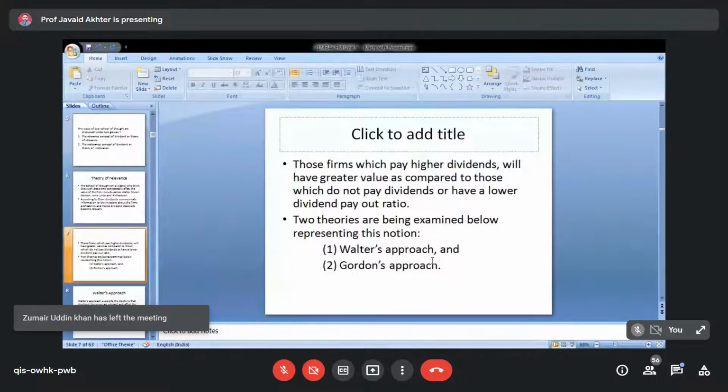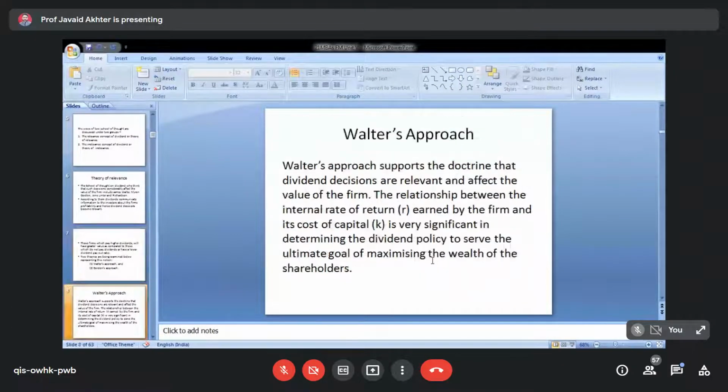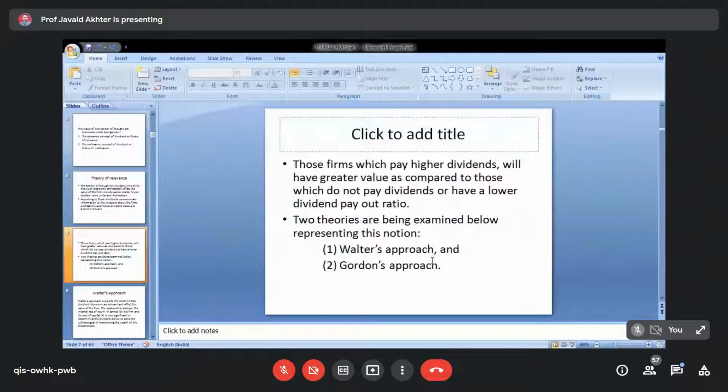I am saying the people whose name I have not written here, but according to them, dividend decisions would be irrelevant. Value of firm will not depend on the payment of dividend, or paying more dividend or paying less dividend. Can you just think who could be people under this category?